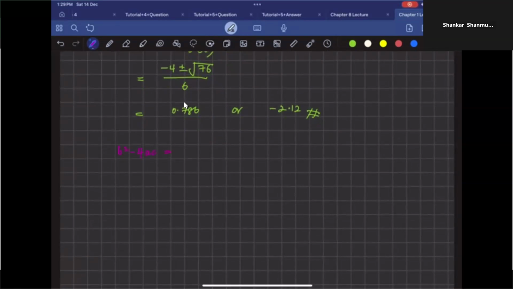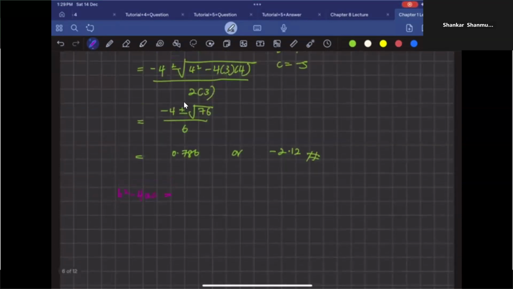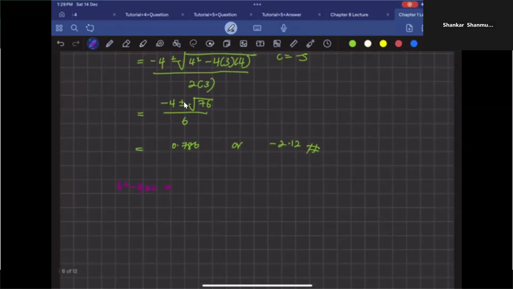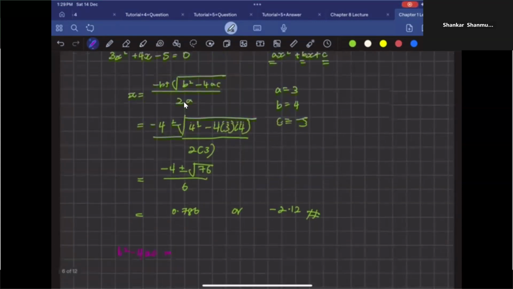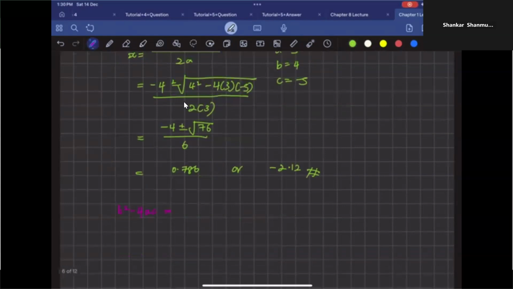In this case it would be 4 squared minus 4 times 3 times 4. Sorry, this should be minus 5 by the way. Made a careless mistake. So this would actually give 76, so it is more than 0.